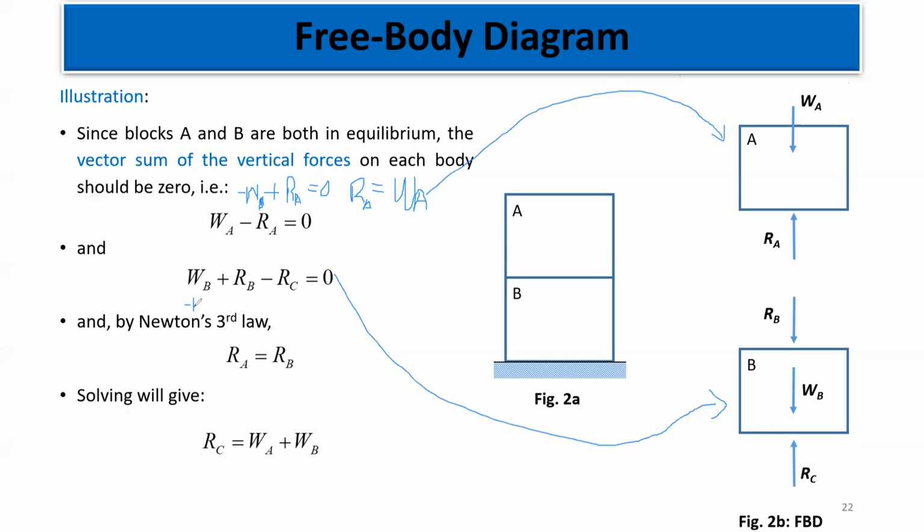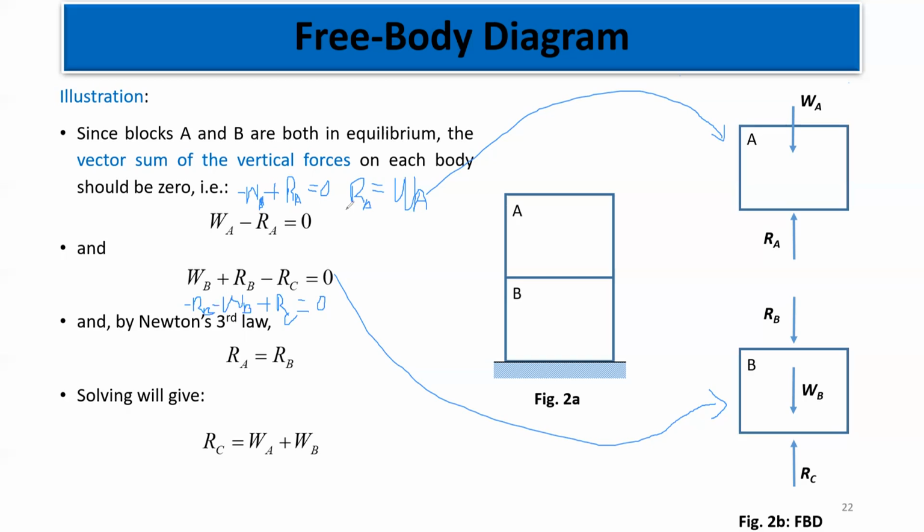So minus RB minus WB plus RC. Everything here should be equal to 0.